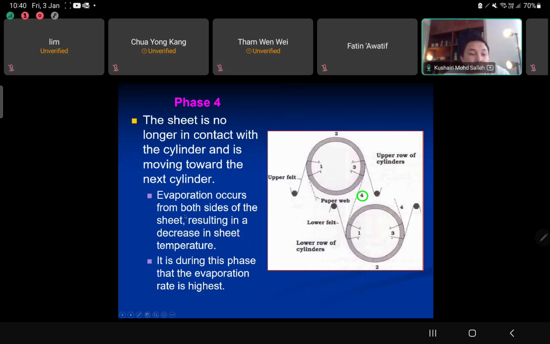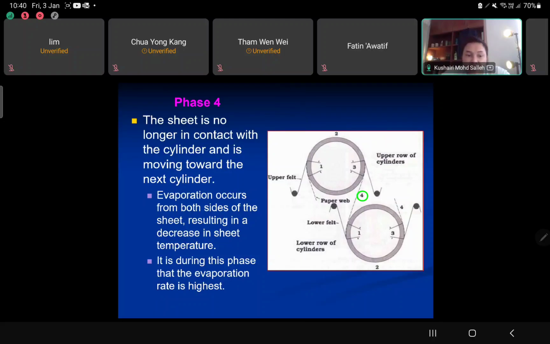We are talking about the drying cylinder. Evaporation occurs from both sides of the sheet, resulting in a decrease in sheet temperature. Since there is no contact between these two cylinders, there is no heating process, so the temperature is reduced.